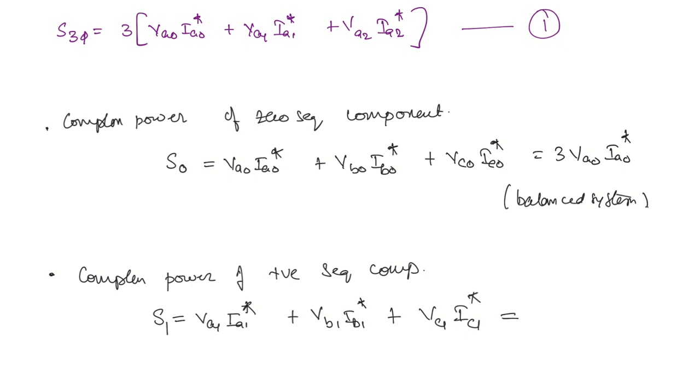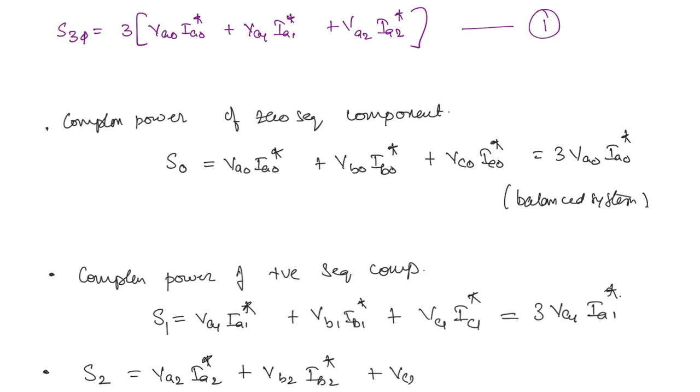Once again it is a balanced system, so you can write 3 times each phase: 3 VA1 IA1 conjugate. Similarly, you can write the complex power of the negative sequence component. This is VA2 IA2 conjugate plus VB2 IB2 conjugate plus VC2 IC2 conjugate. This also will be 3 times each phase: 3 VA2 IA2 conjugate.